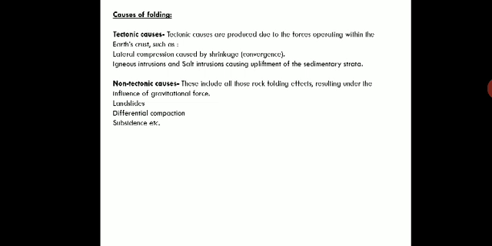Then the igneous intrusions or salt intrusions which cause the upliftment of sedimentary strata also result in folded rocks. Then non-tectonic causes include landslides, differential compaction or land subsidence, where suddenly the land will sink down. These are the non-tectonic causes.